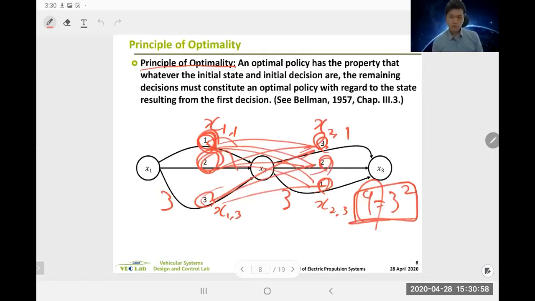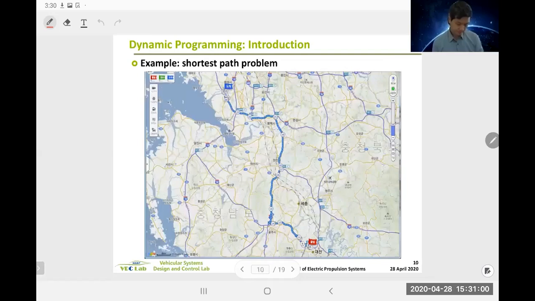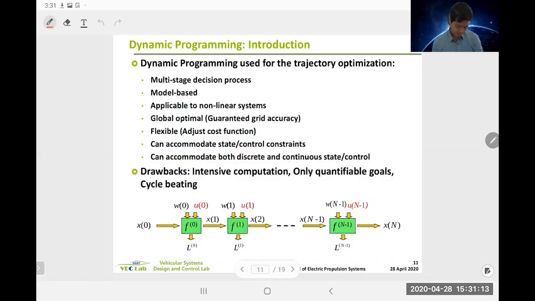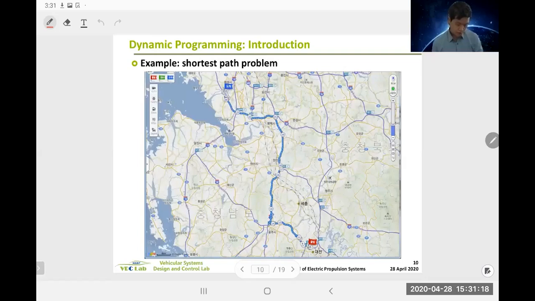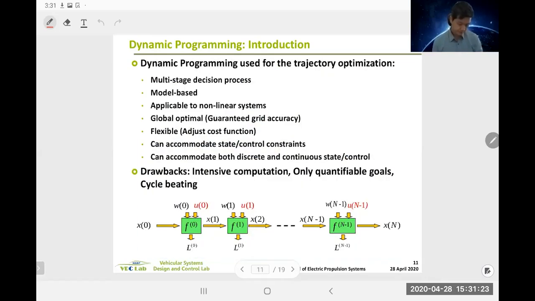Let's come back to dynamic programming. So with the principle of optimality in mind, let's take a look at an example. Shortest path problem is one example. Here are the advantages and disadvantages of dynamic programming, okay?